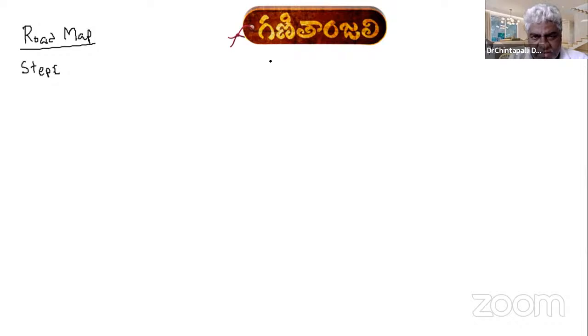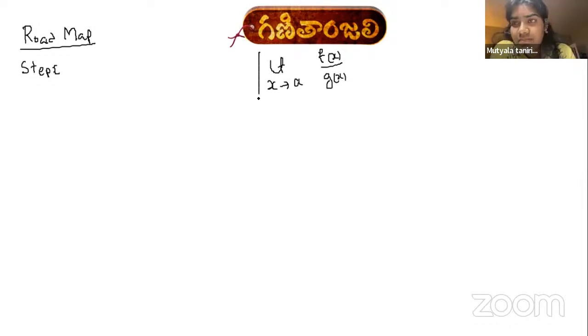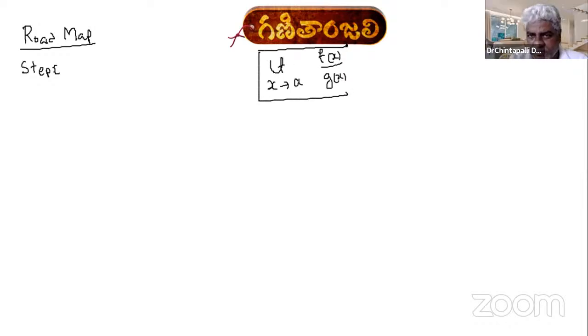See, the question is the limit as x tends to a of f of x by g of x, right? To find its value, what's the roadmap? Step 1: put x equal to a.